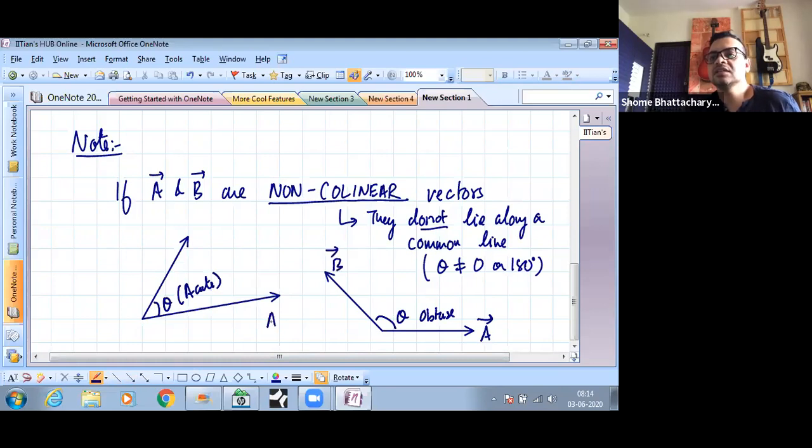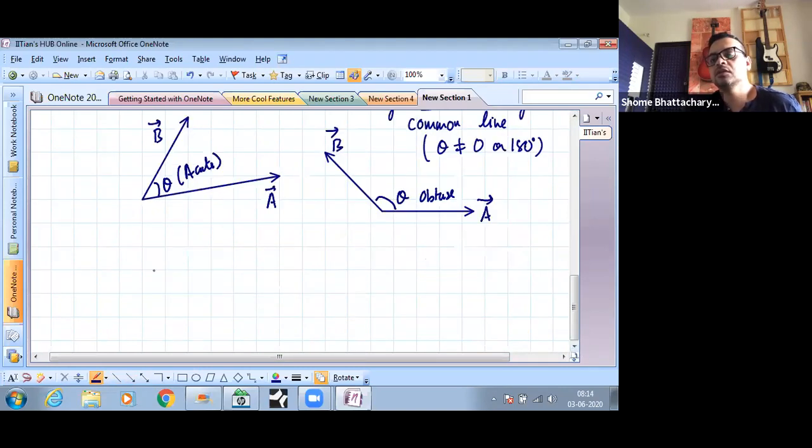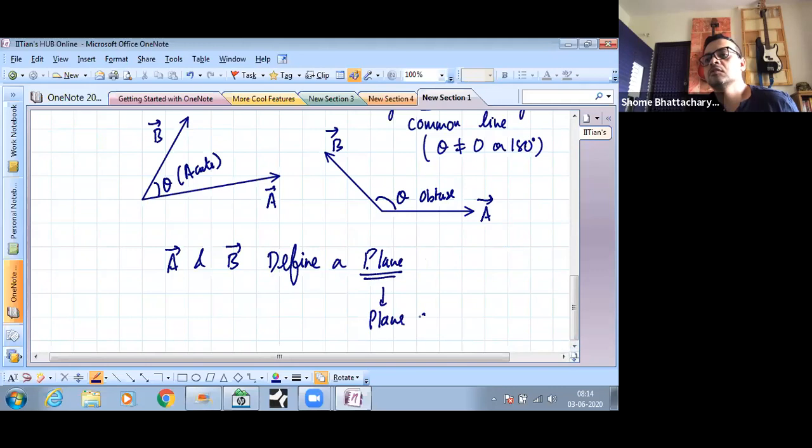In such a case, the vectors A and B will form a plane. They define a plane, and you can say that is the plane of the parallelogram formed by them.